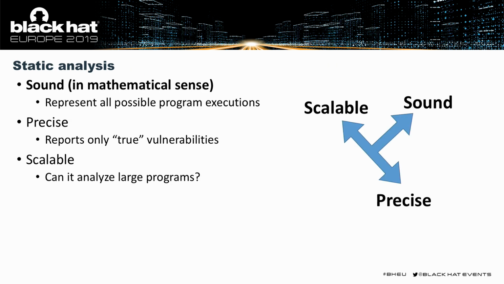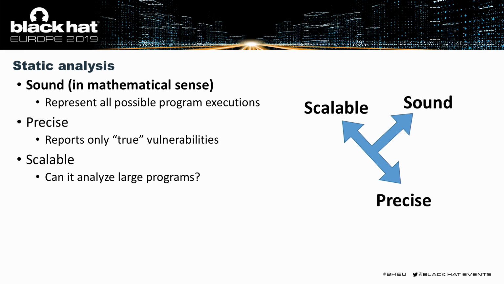Now let me talk a little bit about why we couldn't do that upfront. Why couldn't we just make this analysis in 2014 or 15 and solve all the problems and make the JavaScript engine amazing, right? The thing is that there are three competing directions in static analysis, and ideally you would have both, but that's impossible, right? Let me focus a little bit on soundness.